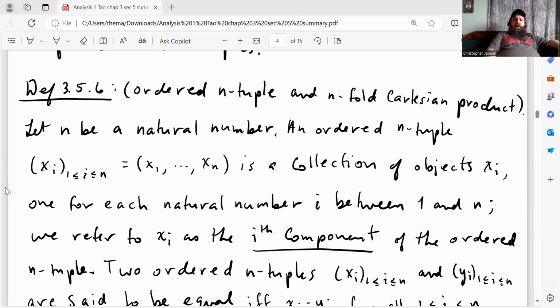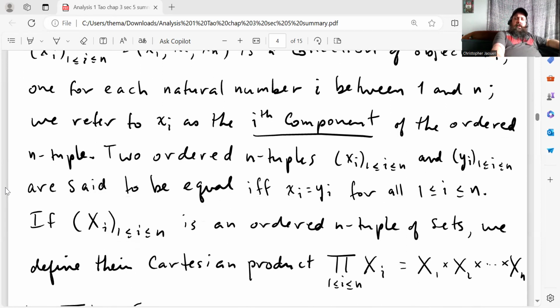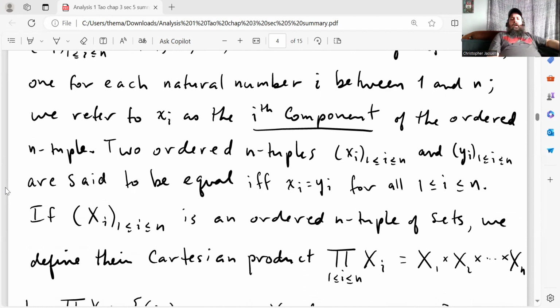You'll also be familiar with seeing it written like this: x1, comma, dot dot dot, xn. So this means the ordered n-tuple of elements x1 through xn is a collection of objects xi, one for each number i between 1 and n. We refer to xi as the ith component of the ordered n-tuple. Two ordered n-tuples, here the ordered n-tuples of xi's and yi's, are said to be equal if and only if they're equal component-wise.